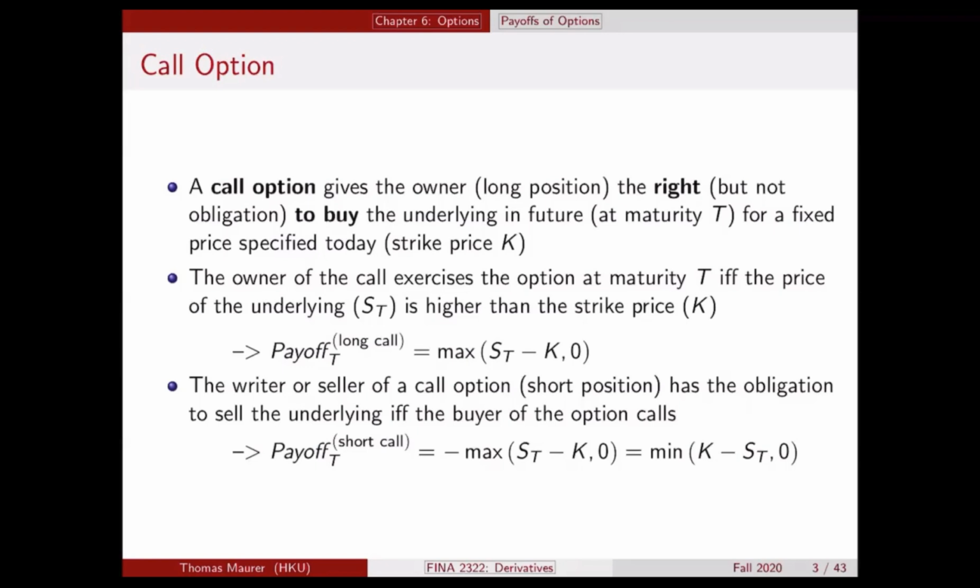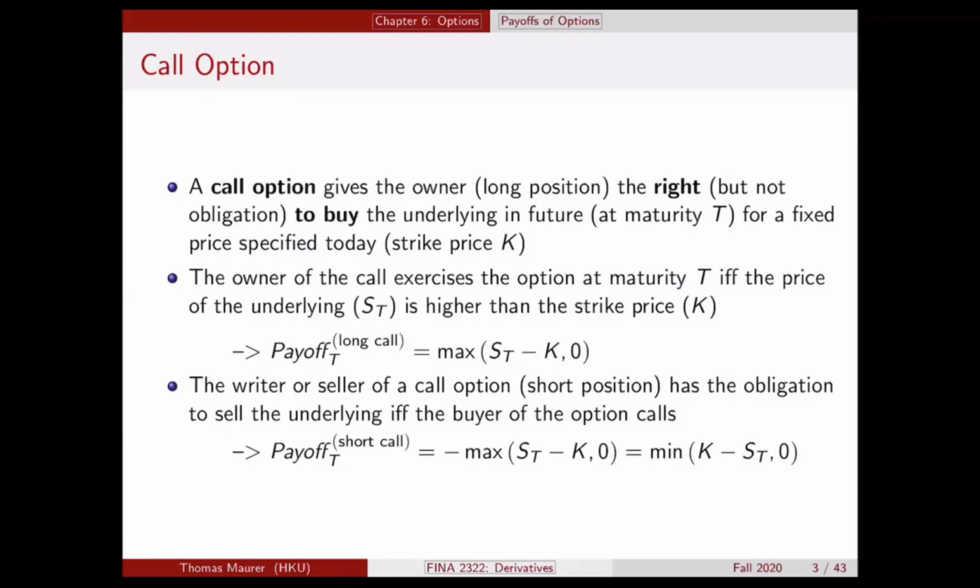But then we know that the long position decides she doesn't want to trade, and therefore there's a zero cash flow. And then also for the short position in the call, there is going to be no payoff. You can also rewrite this minus the maximum as the minimum of K minus ST or 0.